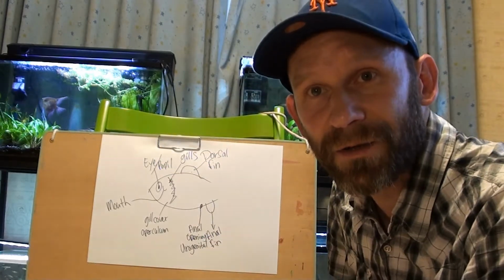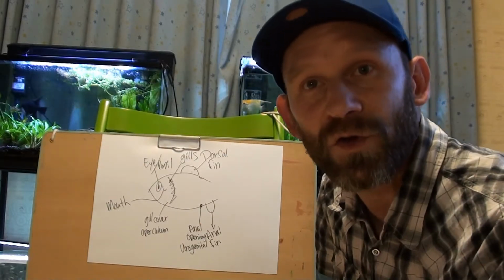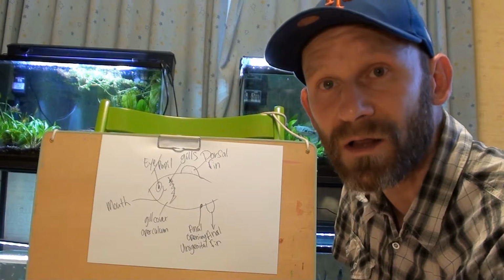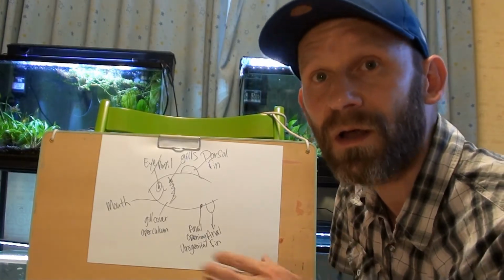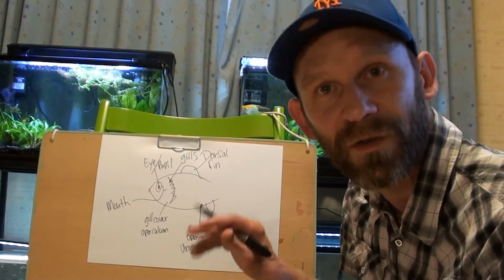The urogenital. At the end of this video, I'm going to show you a close-up of this paper so you can pause it and take a look for yourself. You might not be able to see so well, the writing might be too small, but let's continue to talk about the basic parts of the fish.